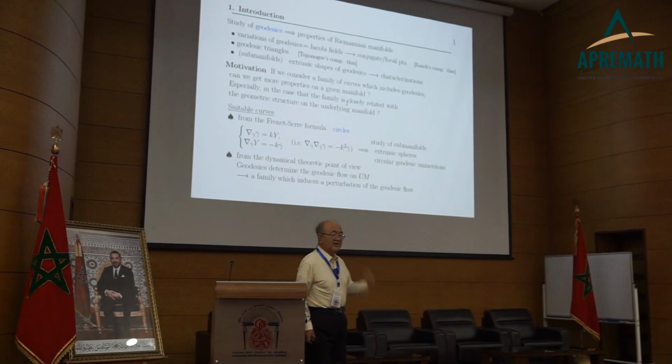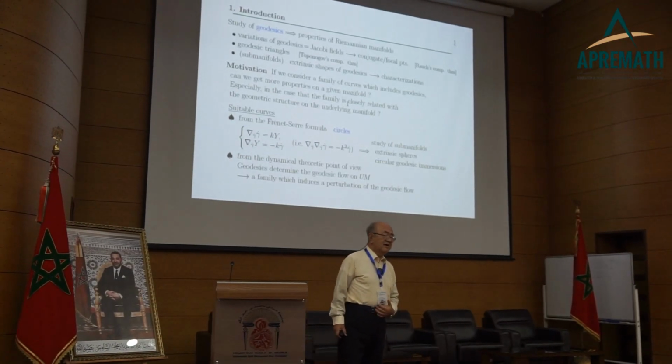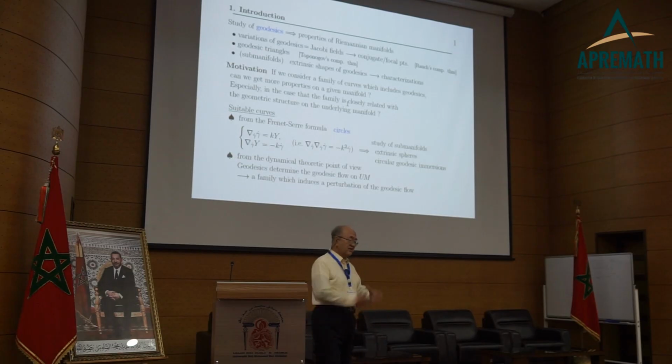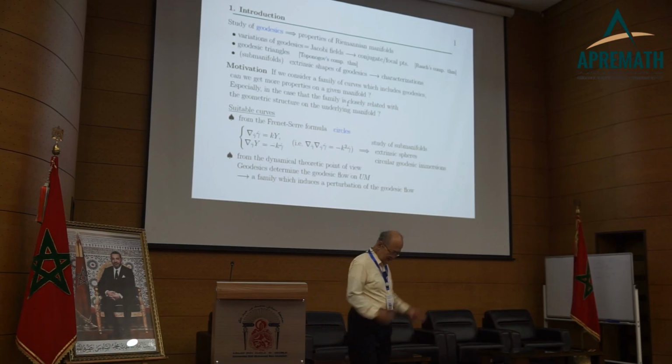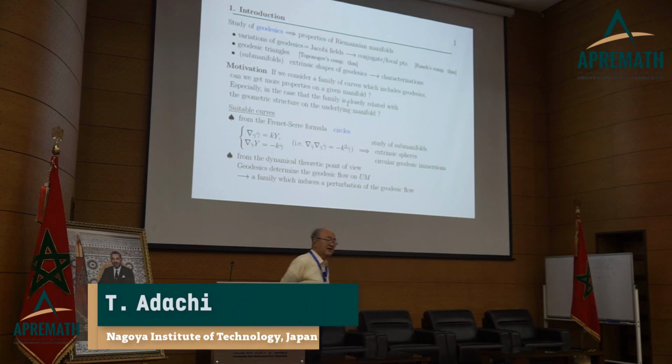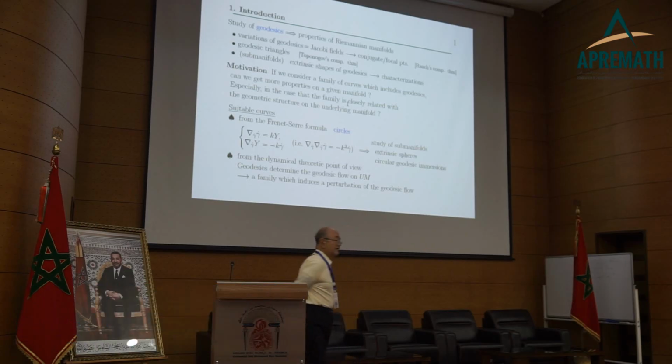We consider a family of curves. If we consider a big, extended family including geodesics, can we say what properties hold on the underlying manifold, especially if the family is closely related with the geometric structure?